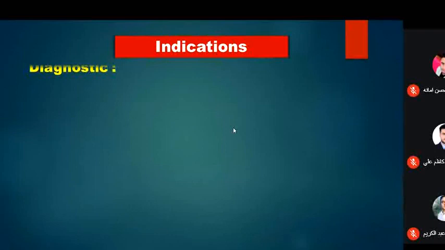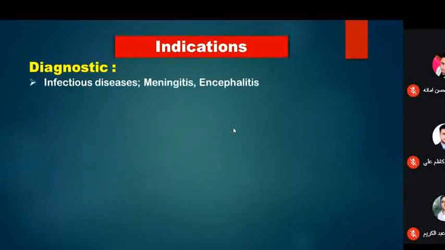Now the indications of the spinal needle. We have diagnostic indications and we have therapeutic. Of course, doing lumbar puncture for diagnosis of infectious disease like meningitis or encephalitis, and inflammatory diseases like Guillain-Barré syndrome, or the correct pronunciation is Guillain-Barré.